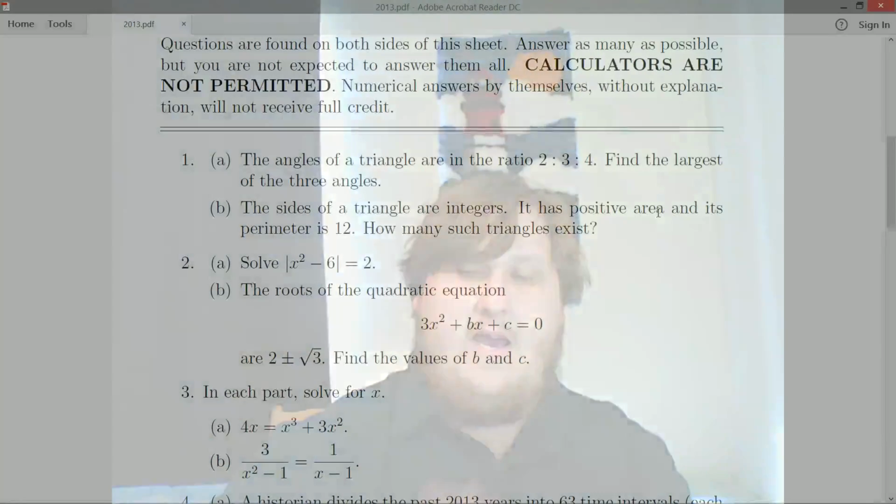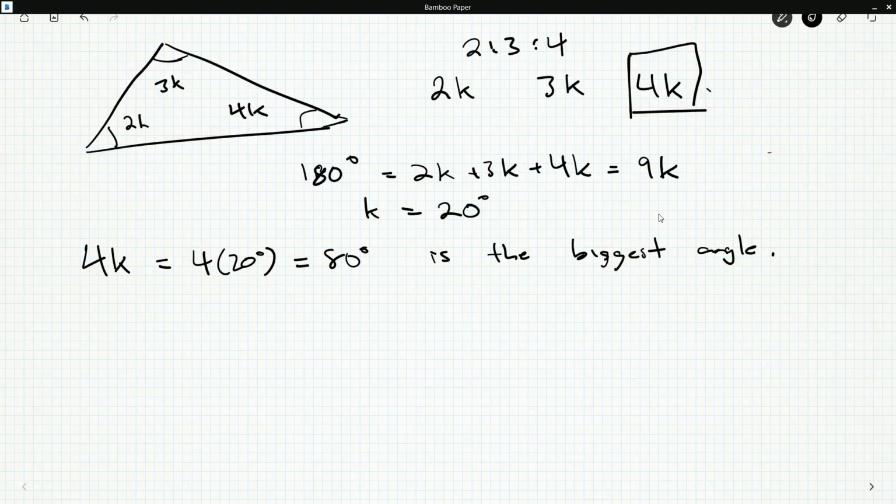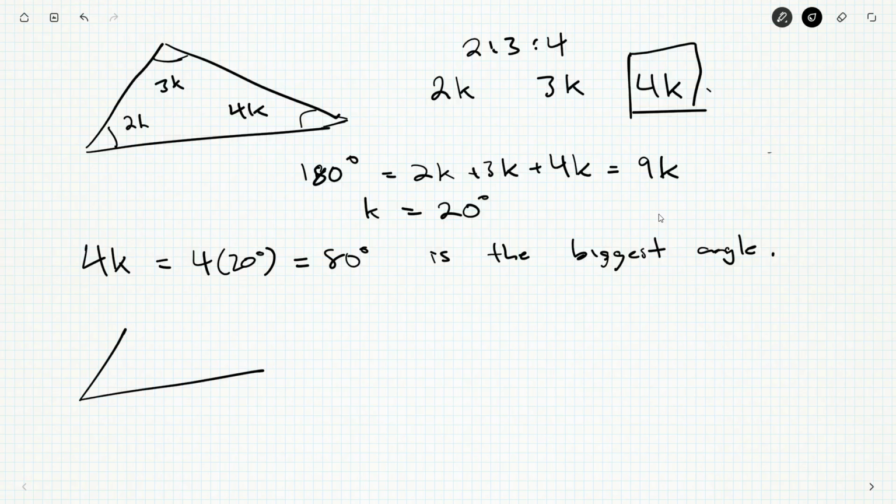Now, how can we actually tell whether or not we get something like that? Well, we use what's called the triangle inequality. It's a very useful inequality, especially if you go on to do any sort of proof-based math in university. So you get a triangle with positive area if your chosen sides A, B, and C satisfy these 3 inequalities.